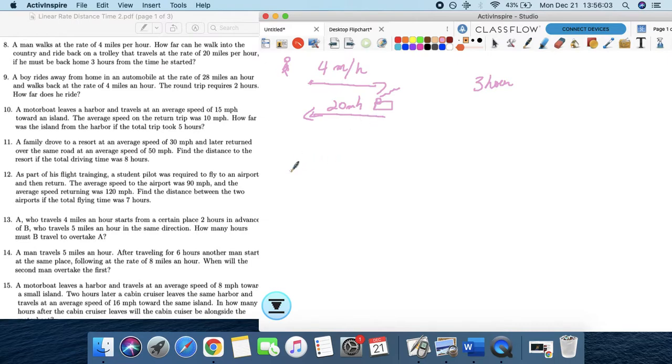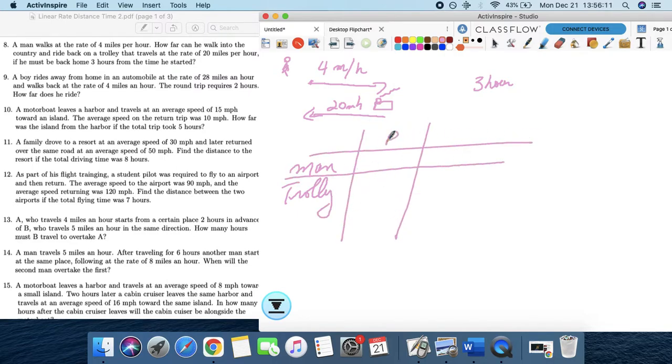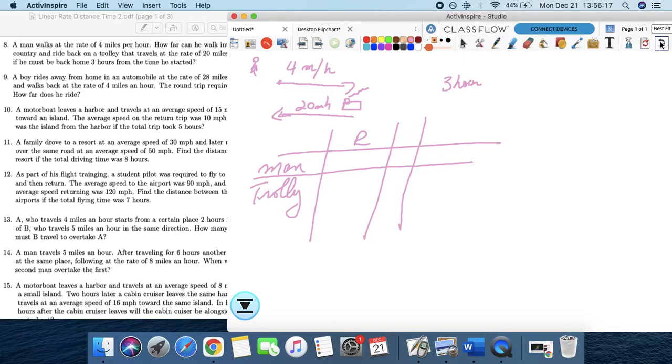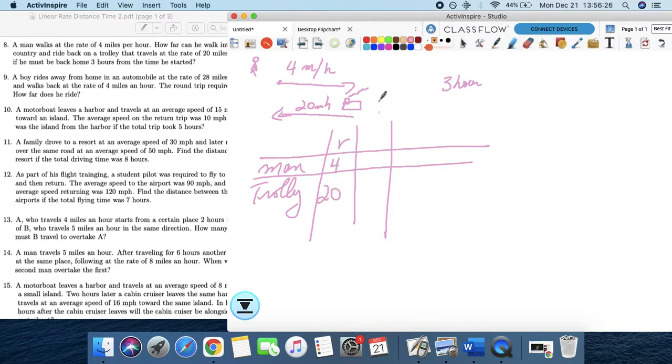All right. So man, trolley. Rate, time. So the rate that the man travels for the trolley goes at a speed of 20.